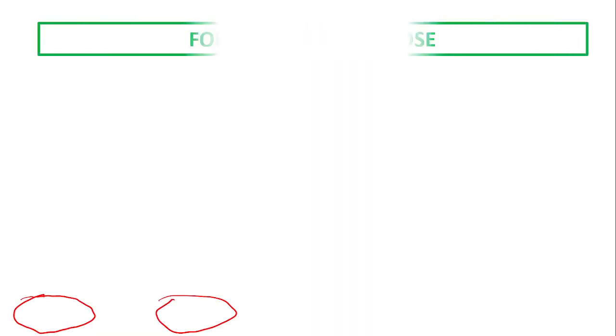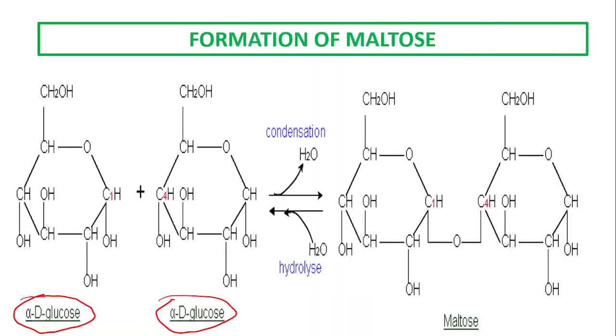So that's how maltose is formed, and the bond here is just the 1,4 glycosidic bond, of which you need to understand that this is a condensation reaction.